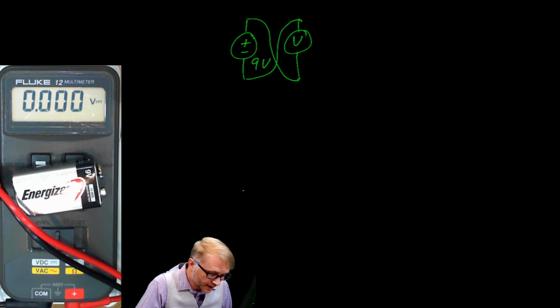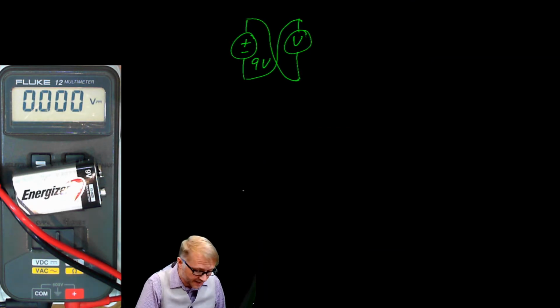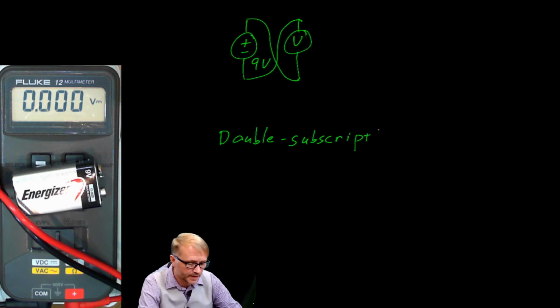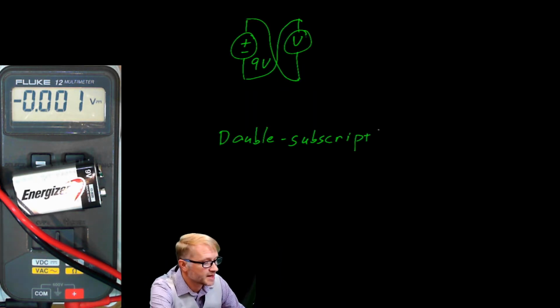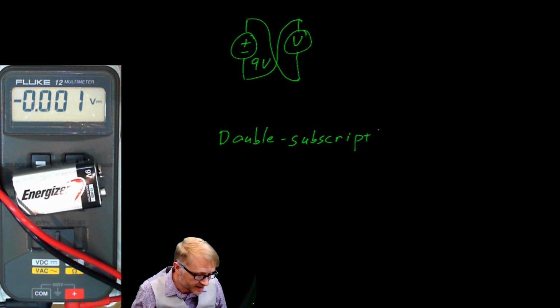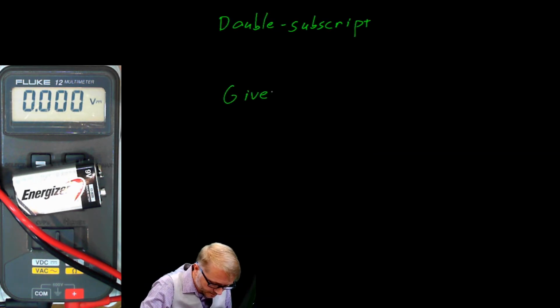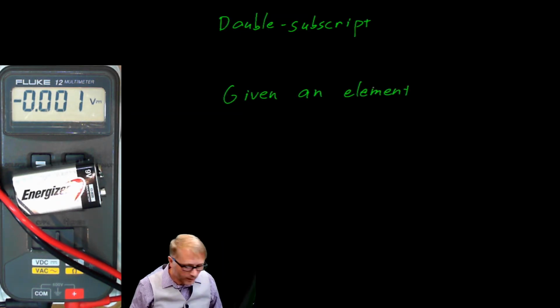So what we'll use to fix that is something called double subscript. And it goes like this. If we're given an element, we don't know what the element is.